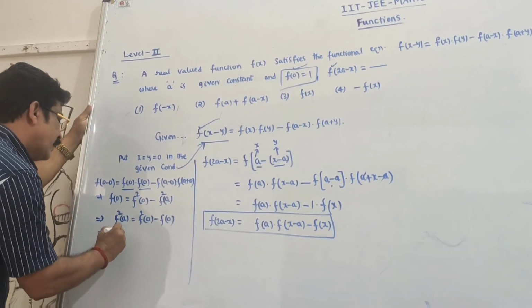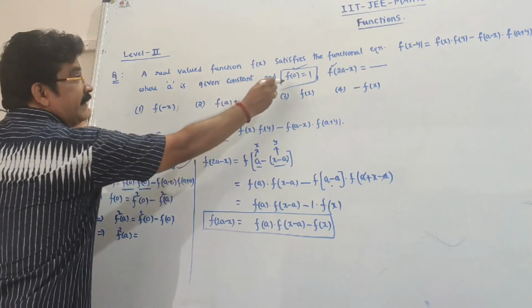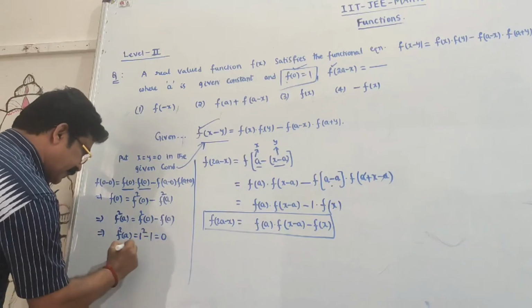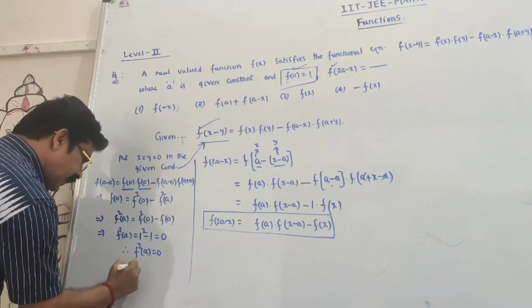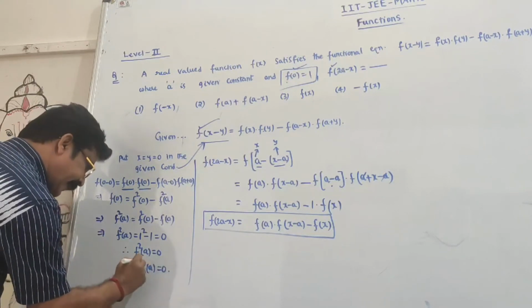Therefore, f square a is equal to, f of 0 is given as 1, 1 square minus 1, that is equal to 0. Therefore, f square of a equal to 0, means that f of a equal to 0.